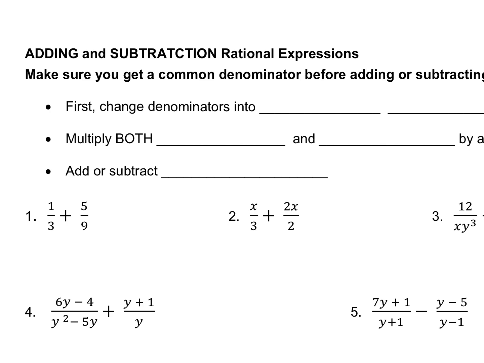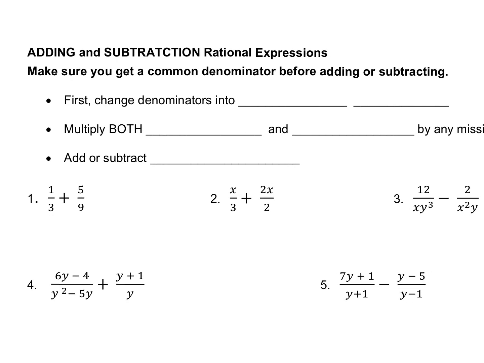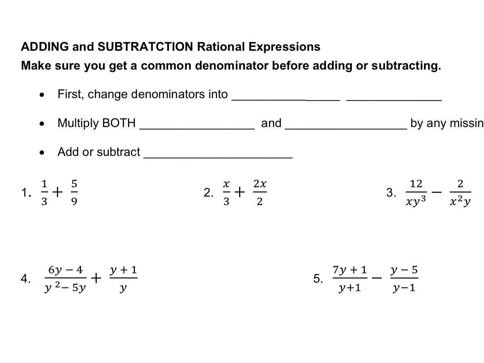Okay, so we've done multiplying, dividing, simplifying. Now we're going to do adding and subtraction of rational expressions. So the first thing you want to do, you must find a common denominator when you're adding and subtracting. It's the only time that you have to do that. So first, change denominators into common denominators.